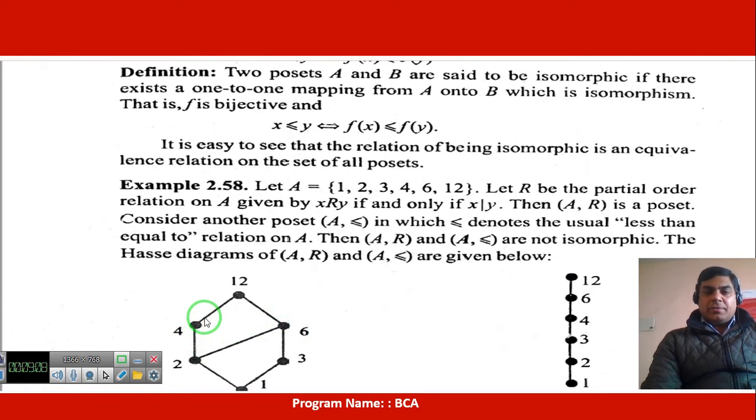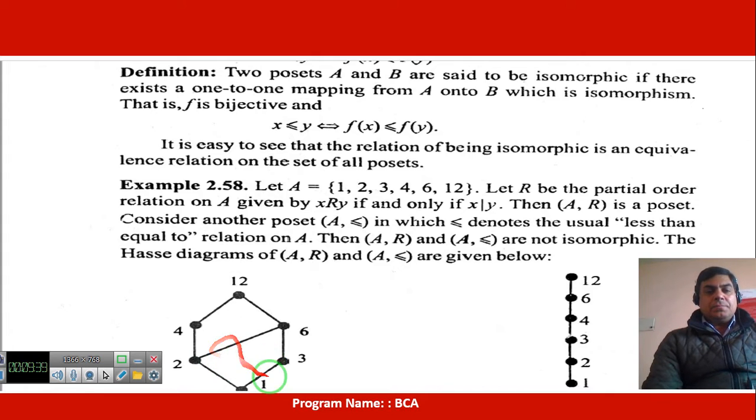Okay, if they are comparable, they should be up and down, either 4 should be down from the 6, or 6 should be down from the 4, but they are non-comparable, so they are in the horizontal position. 2 and 3, 2 cannot be divided to 3, 3 cannot be divided to 2, so they are non-comparable, so they are in the horizontal position. Only we can put those elements in the horizontal position if they are non-comparable, they are not related with any relation.